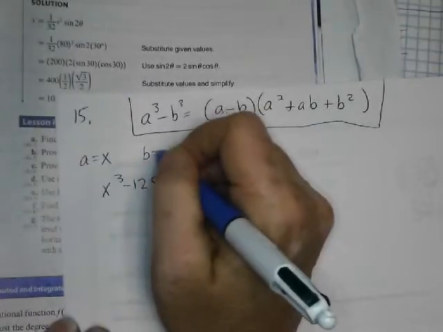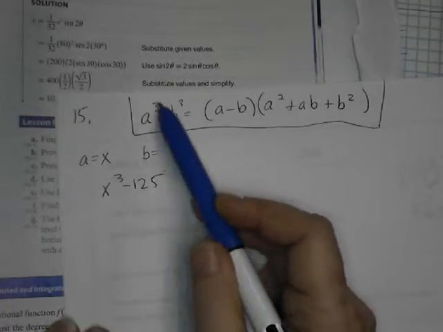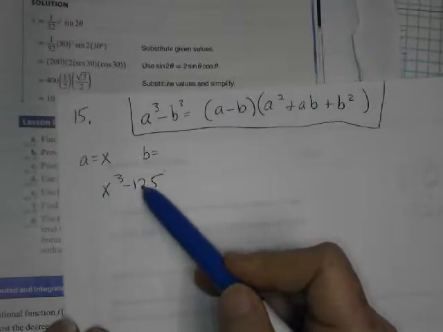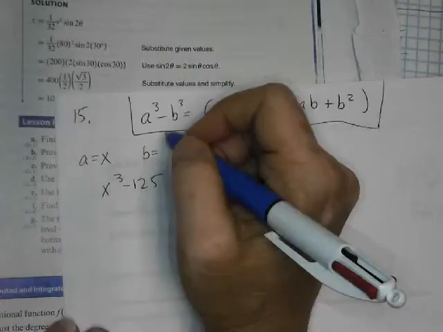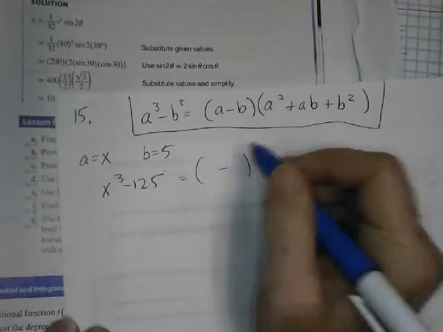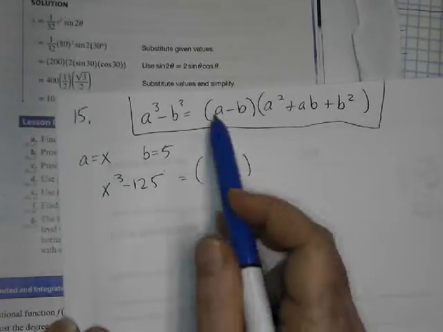And then b equals 5. Right? Because 5 times 5 times 5. I'm saying that this is like something cubed minus something else cubed, and the two somethings are x and 5. Okay, so now all I have to do, so easy, is I'm just going to plug my x's and my 5's into the formula where they go.